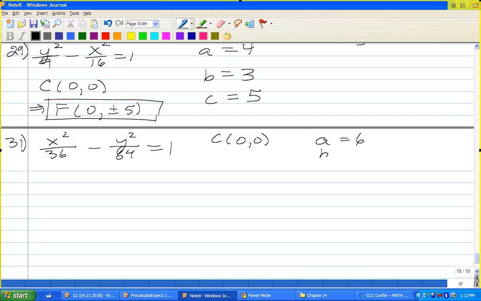A is 6. B is 8. 36 plus 64 is 100. The square root of 100 is 10. So C is 10. The foci are located at, well, the x is positive, the sign in front of x squared is positive, and so it's going to be at plus or minus 10, 0.